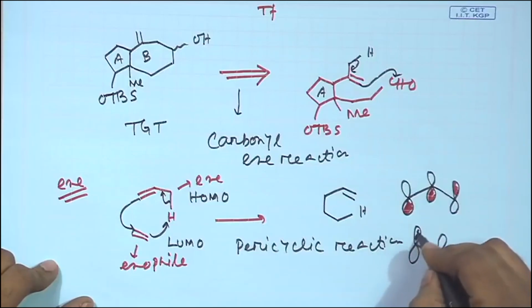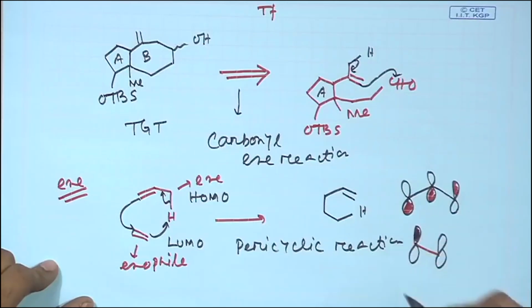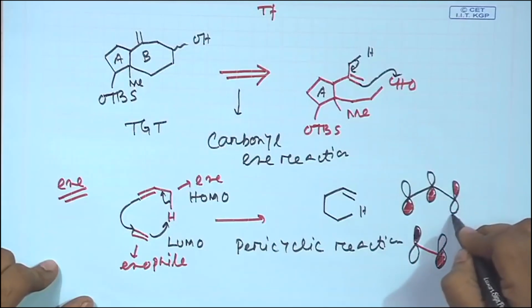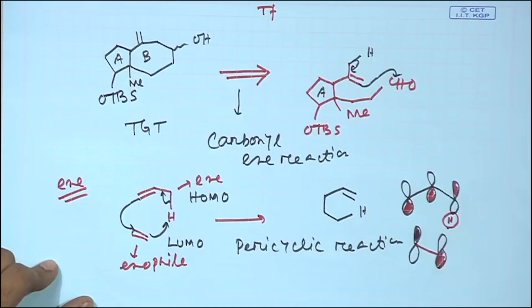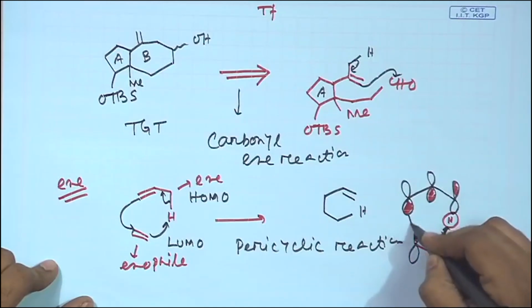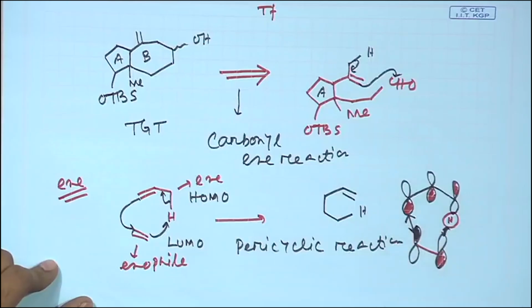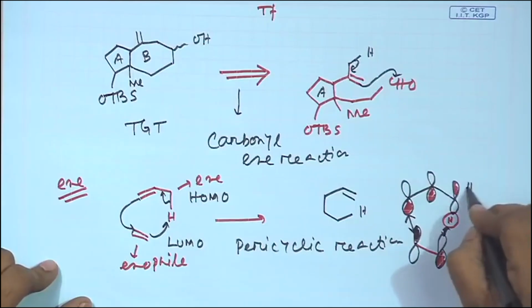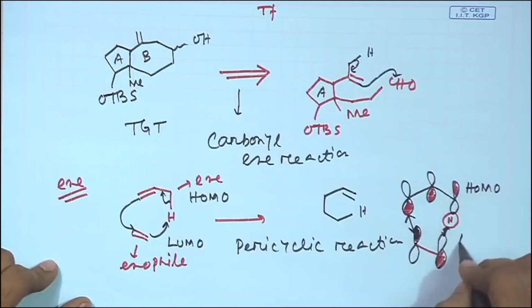We have the similar kind of color, the red color, which indicates you have maximum overlap, and this hydrogen is particularly here. So, that makes this perfect overlap, with similar electron density. The HOMO of this ene and the LUMO of this enophile will make this ene reaction.